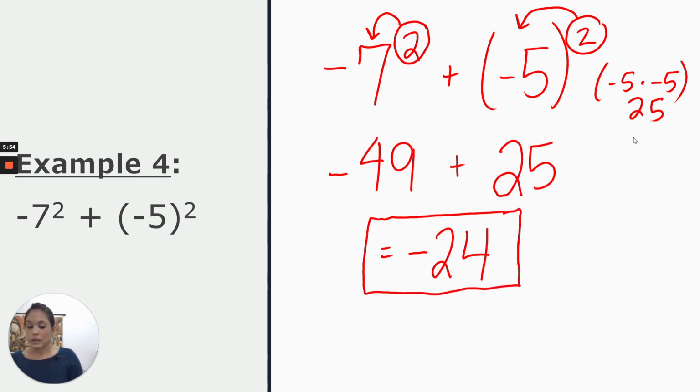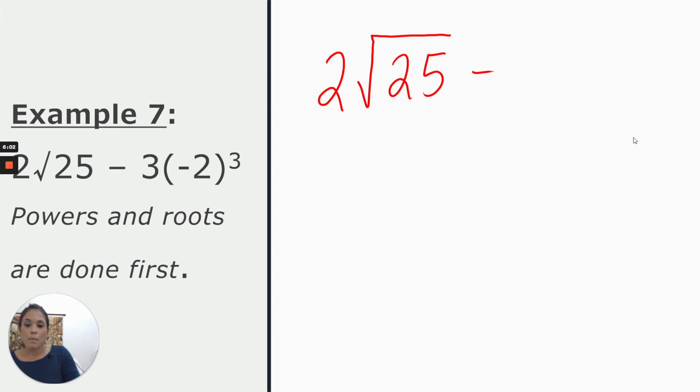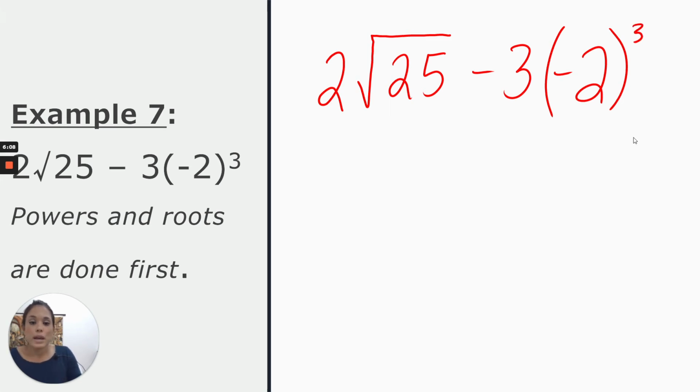Okay, next example. Here I have 2 times the square root of 25 minus 3 times -2 cubed. So we must complete the powers and roots first. So when you see this 2 right next to the square root sign, that means multiplication.